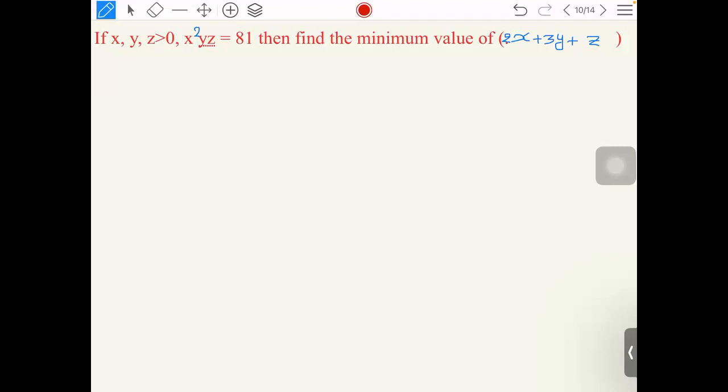Anyone else? It is a similar question. I think you guys should attempt it. In the same way we have to apply AM-GM. I have just changed the dimension. So I am giving you one hint. Apply AM-GM with x plus x plus 3y plus z.